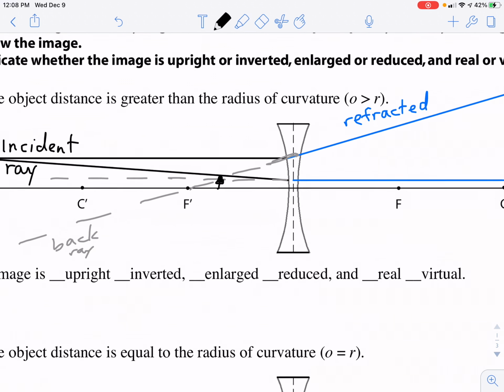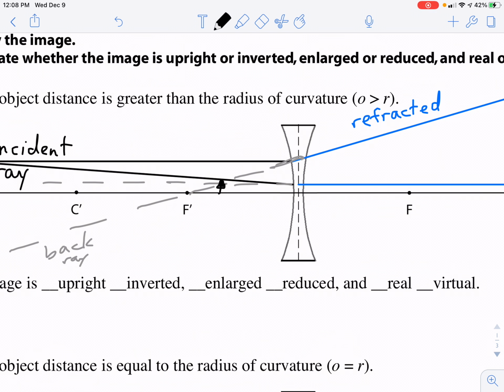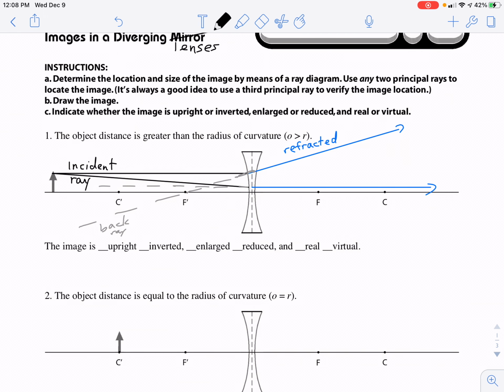And let me just show one more principal ray, but we should see something very similar. The third one is going to go right through the center of the lens, unrefracted, just like that. And then the back ray goes back this way.